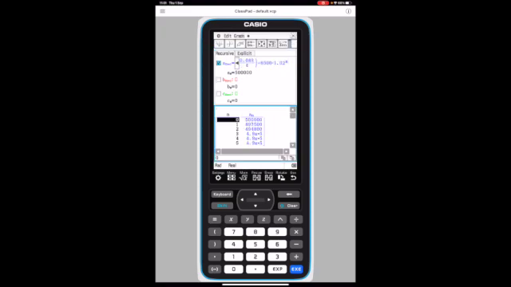Let's keep going, and we can see that it's the same. T48 is 21268.6952 and T49 is minus 466.178. So this is how you use your ClassPad.